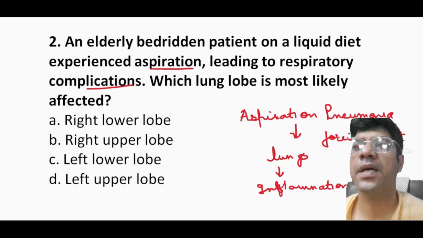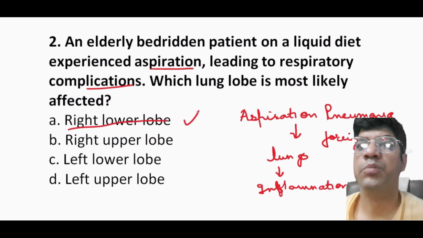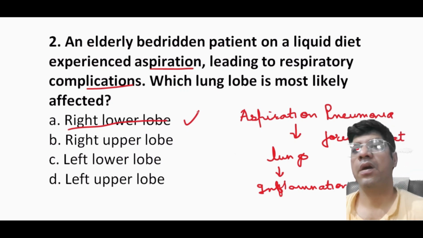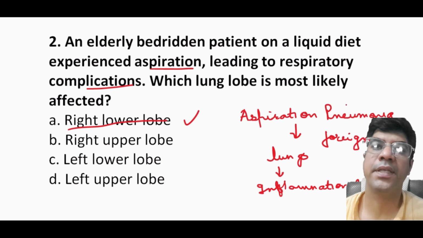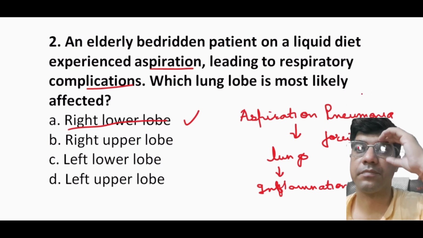Remember that the right lower lobe is the most common site for aspiration pneumonia, for several reasons. First of all, consider the anatomy of the right main stem bronchus.